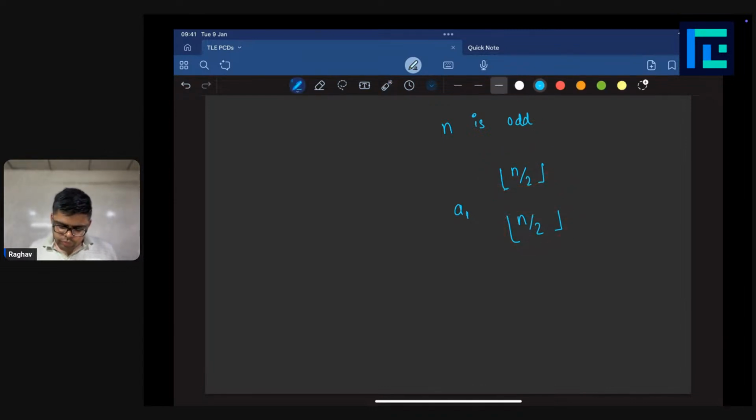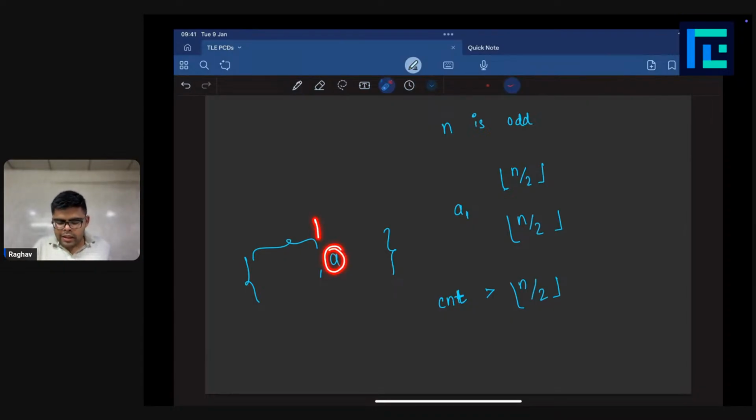So let's say the count of those people is CNT, and that CNT is greater than the absolute value of n by 2. Then no matter what you do, if you have the positive value of a1, you will have more than n by 2 people on the left hand side, which means that a1 cannot be the middle guy after sorting the array.